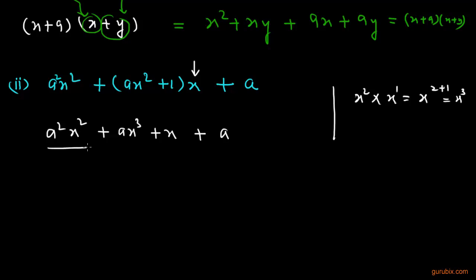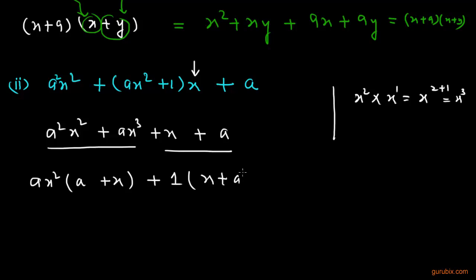And now we can take common a x square from these two terms and 1 from these two terms. What we get? We get a x square into, here remains a and here remains x, and we can take common 1 from these two terms, we get x plus a.